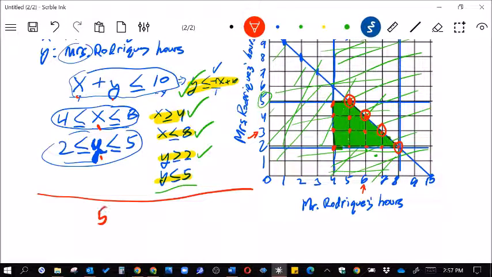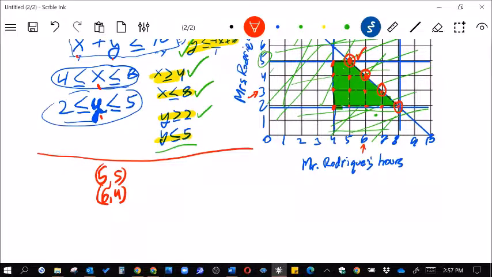So 5 for one and 5 for the other. Then 6 and 4 for the next one. That's this one and this one. And then this one is 7 for Mr. Rodriguez and 3 for Mrs. Rodriguez. And then this one is 8 and 2. Now, so those are the 4 points for part 3.